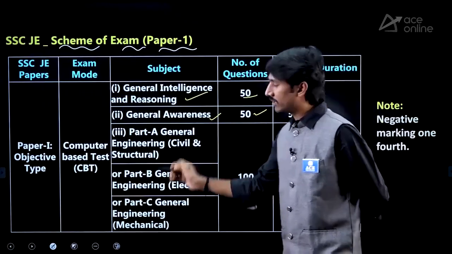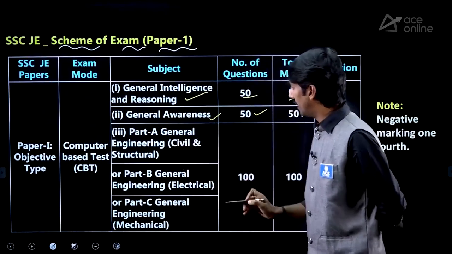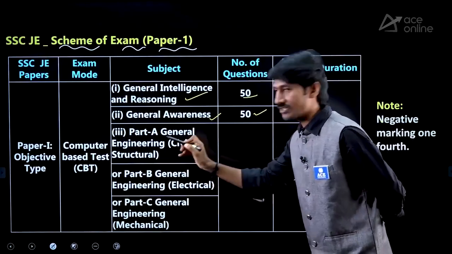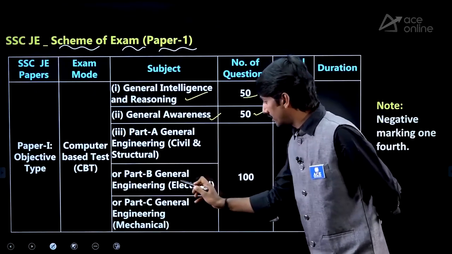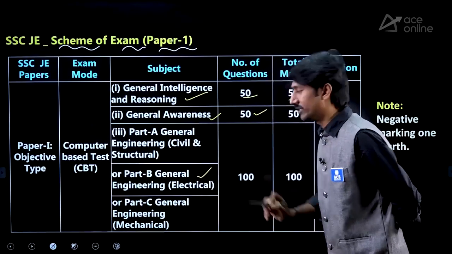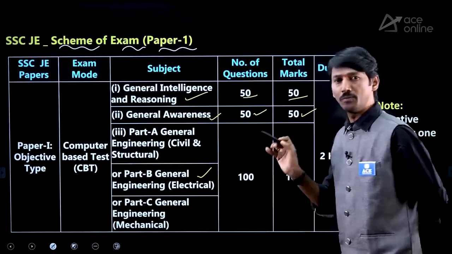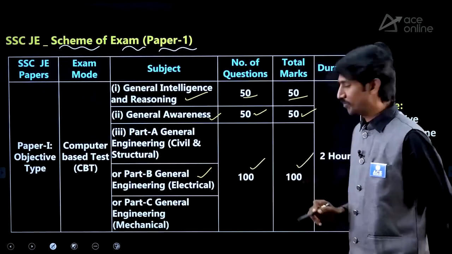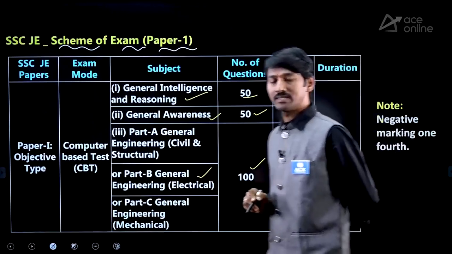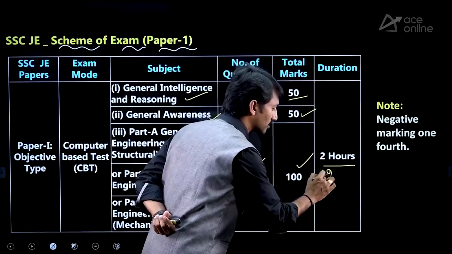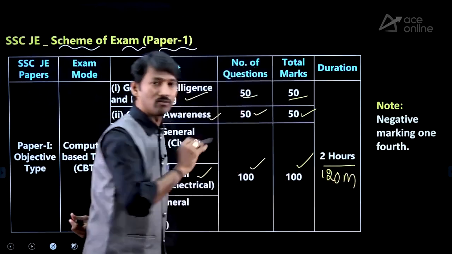Coming to the technical part, it has general engineering, with civil and structural as one paper, and electrical and mechanical separate. Here I am talking from the electrical point of view, purely technical: 100 questions, 100 marks. The duration of the exam is 2 hours, that is 120 minutes for 100 questions.